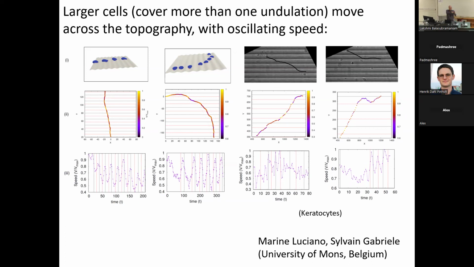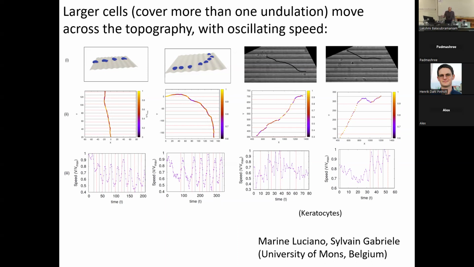So if the cell is obliged by size to always sample also the other curvature, it now prefers to switch completely and move actually perpendicular to the pattern spontaneously. Even if you start it along the pattern, it will rotate to move across the pattern with the velocity which is accelerating up and down. And that was actually seen by experiments on keratocytes in Sylvain Gabriel's group in Mons.